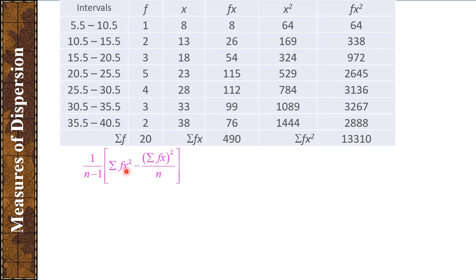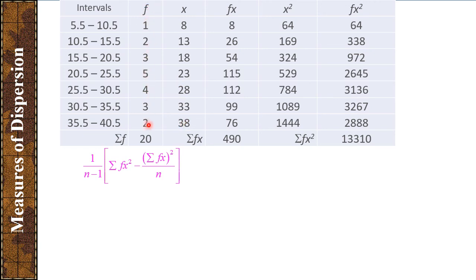We still have the x squared outside, but now we have to multiply also with f. Same also inside the square, where for ungrouped it is the sum of x. Here we have to multiply with f first. And in this case, x refers to the midpoint of the class interval. So remember how to find the midpoint of each interval. This is the midpoint.